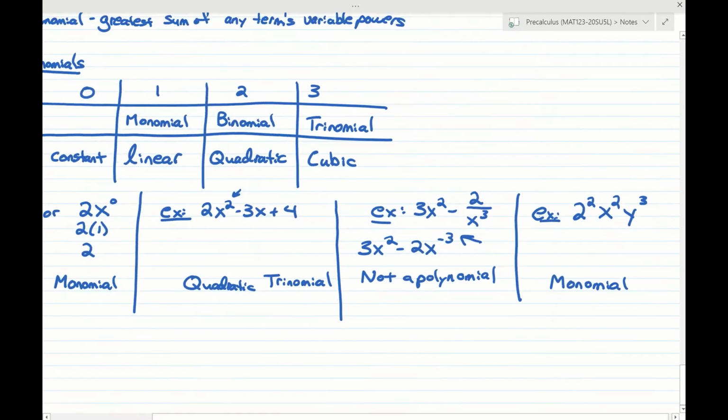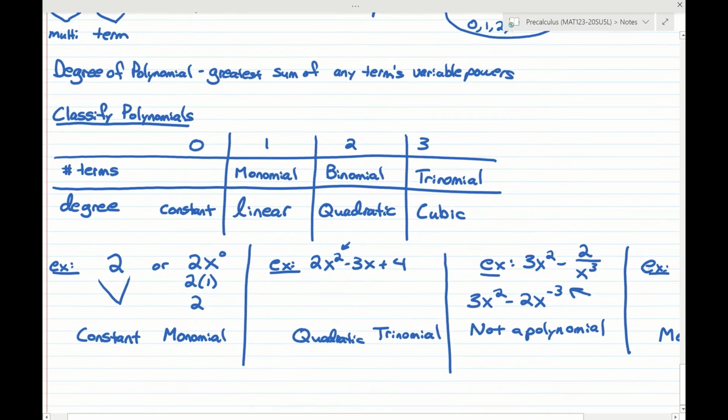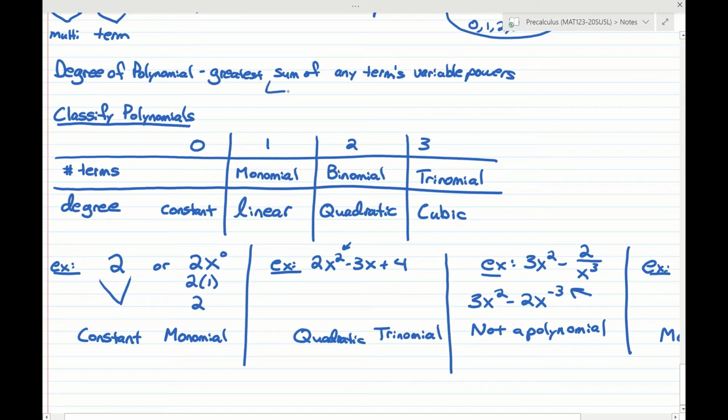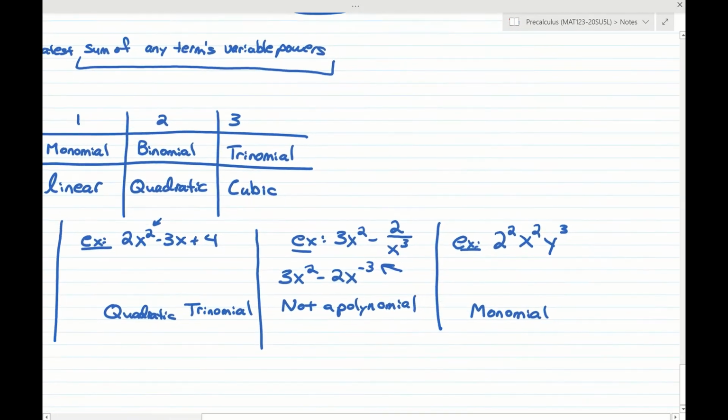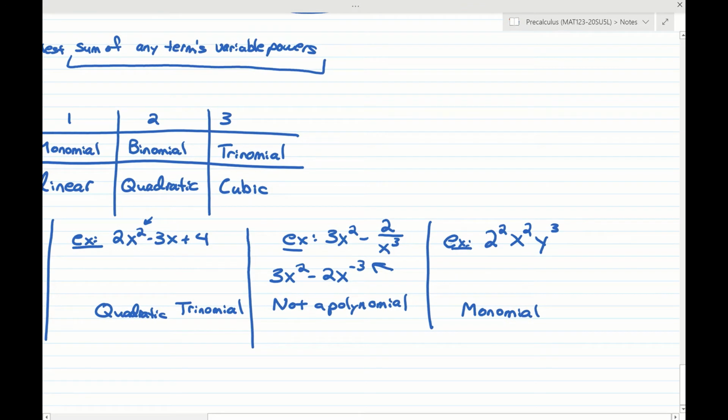Well, going back to what we said in the notes, we said that the degree of a polynomial was the greatest sum of any term's variable power, which is why here we use 2, right? 2 is bigger than 1, so we look at the highest power. But for this, we just have a single term. So would the answer be 7 or would it be 5?